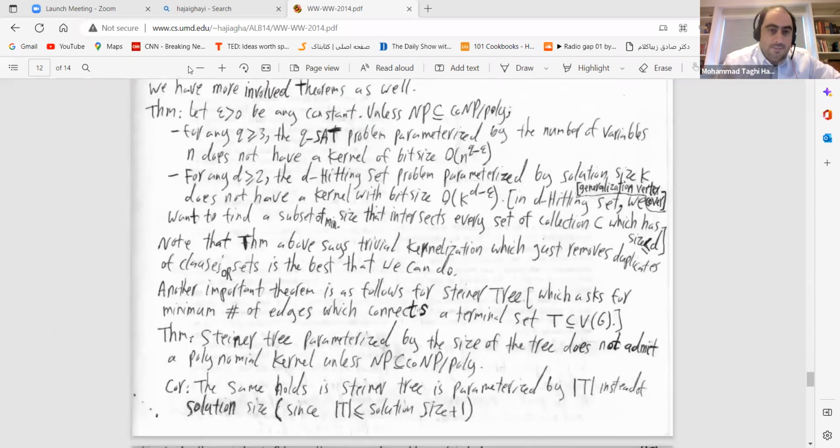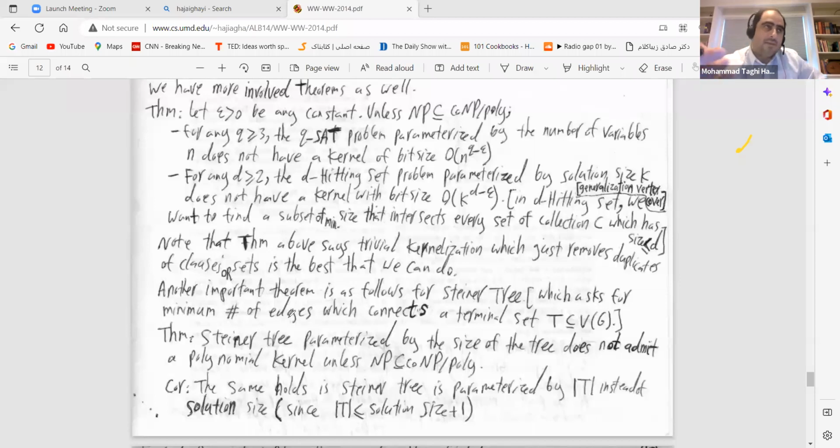That was also another interesting thing that I wanted to mention. We discussed that if a problem is fixed parameter tractable, then it should have a kernel, and the size of the kernel should be f of k, the parameter.